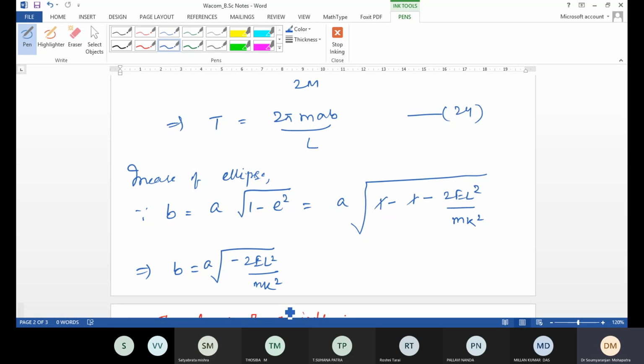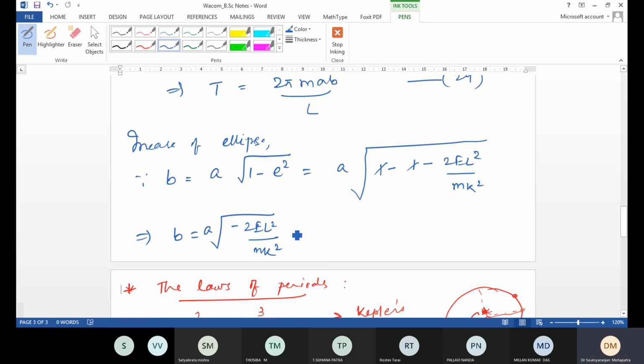So let's proceed then. B is equal to this. Now we have to substitute the value of E. You can see your equation number 20. If you substitute equation 20 here, this is A root over of minus 2 by MK square L square as it is, and your E is equal to minus K by 2A.